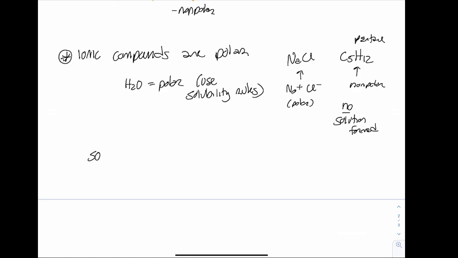You need to know this term, solvation, or our ions are solvated. Essentially what that means is that our solvent molecules are surrounding and stabilizing whatever it is that they're dissolving. I'm going to use sodium chloride and water as my example.